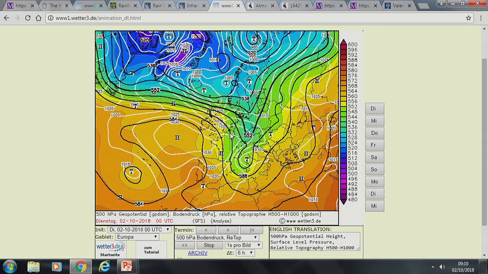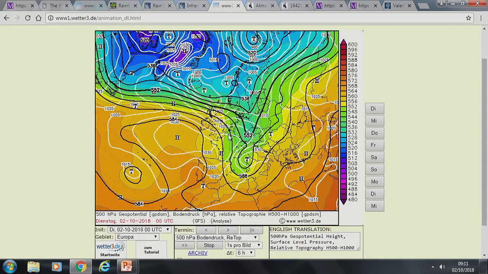The surface cold and warm fronts are positioned as follows. The cold front is at the front edge of this gradient. The surface warm front is at the rear edge of this gradient. Okay, so they're not in the middle of the gradient, they're at the front edge of the gradient where you position the surface fronts.